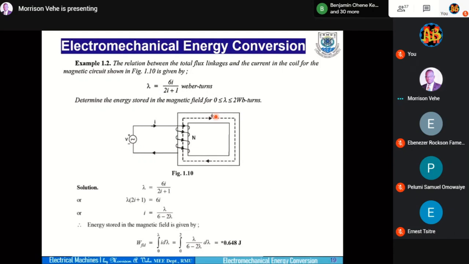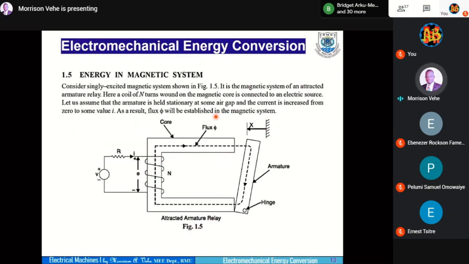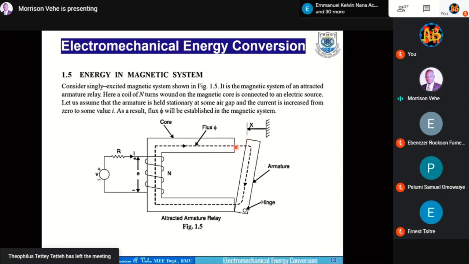And like in this one, you realize that once this circuit is energized and flux actually links the whole thing, if you increase close up with the core, for it to move, it means that you have done some work.